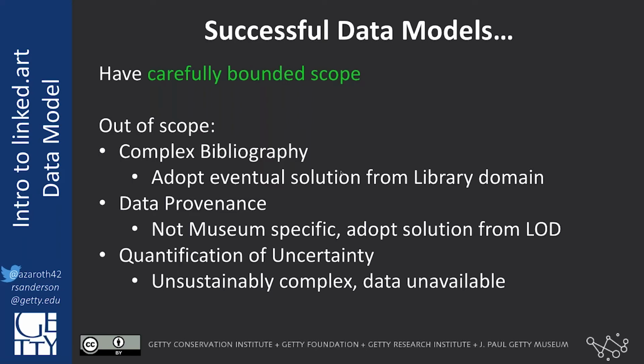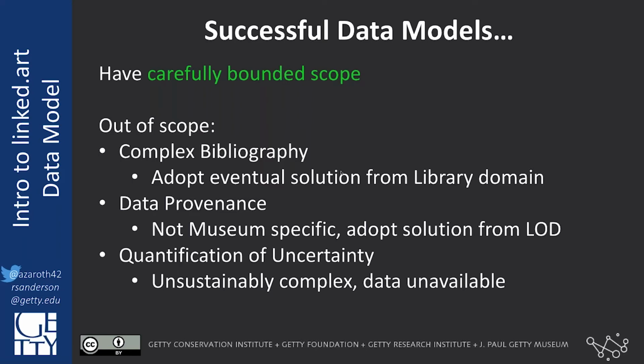And of course, successful data models are developed collaboratively. So throughout the process, we've tried to engage with the community, both yourselves and the AAC, but also other stakeholders around the cultural heritage domain. They're also carefully bounded with respect to scope. Some of the things that we thought, at least for now, are out of scope, to prevent disappearing down rabbit holes, were complex bibliographies.